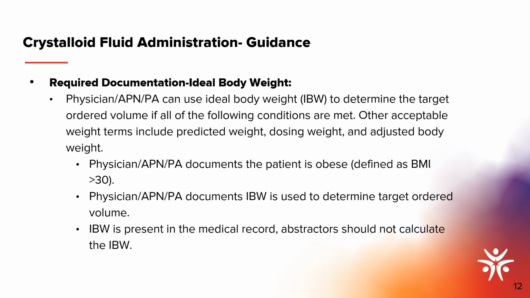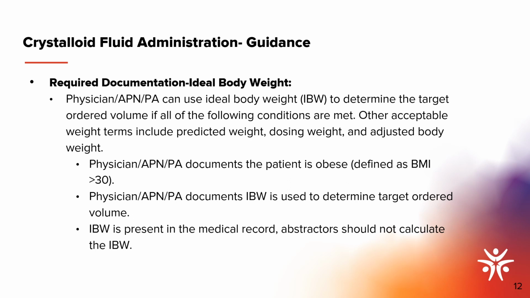In order for a provider to use an ideal body weight to determine the target volume needed, all of the following must be met. The physician, APN, or PA documents the patient is obese, which is defined as BMI of greater than 30. The physician, APN, or PA documents the ideal body weight is used to determine the target ordered volume.